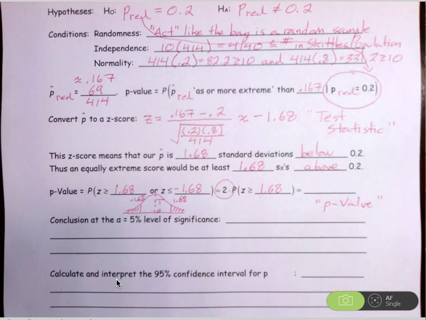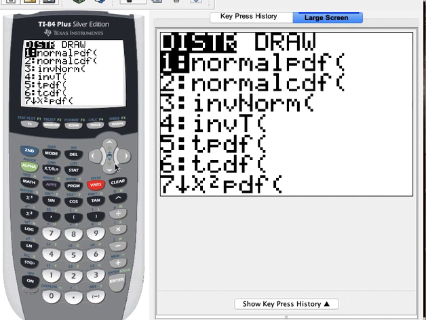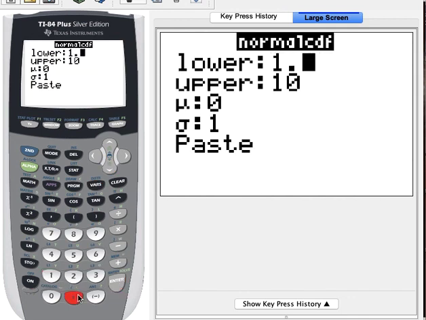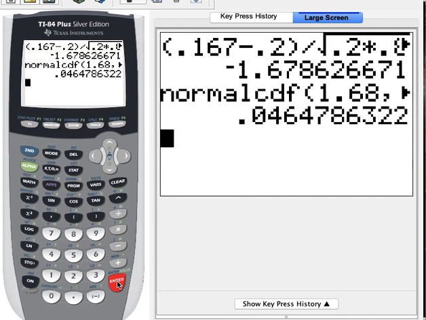Let's finish this. So if I wanted to do this by hand, I could take the normal CDF command. I could use the 1.68 as my lower boundary, and I could use 10 as the upper boundary. But understand, that's not the p-value.